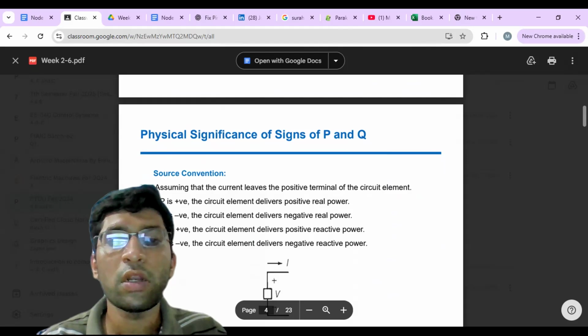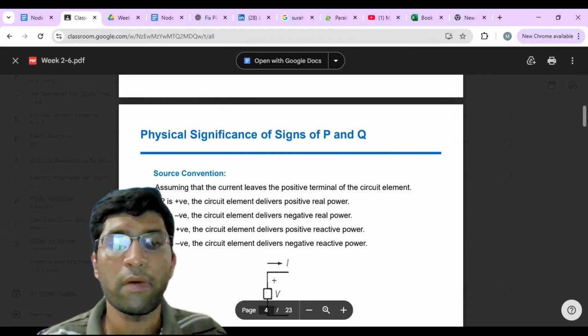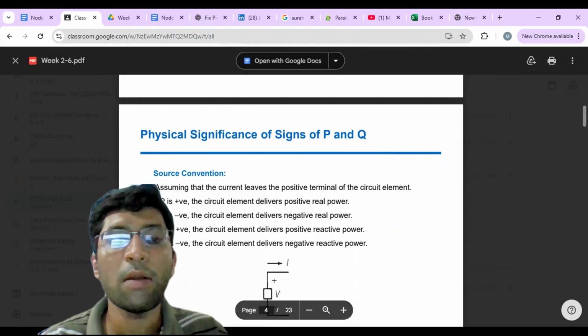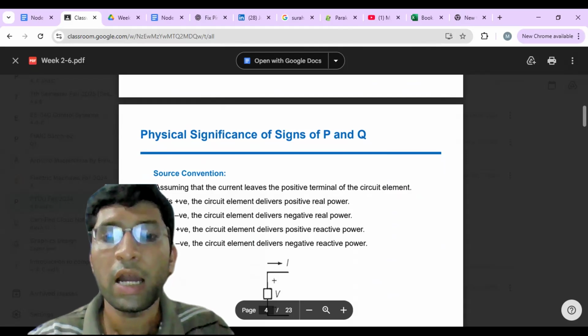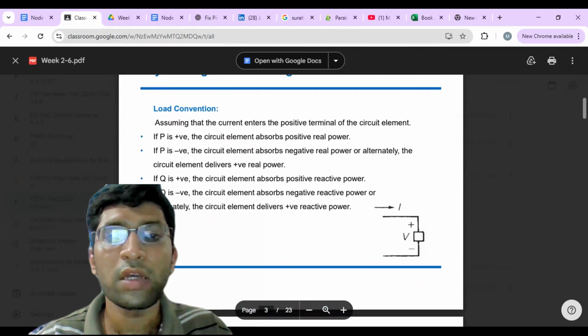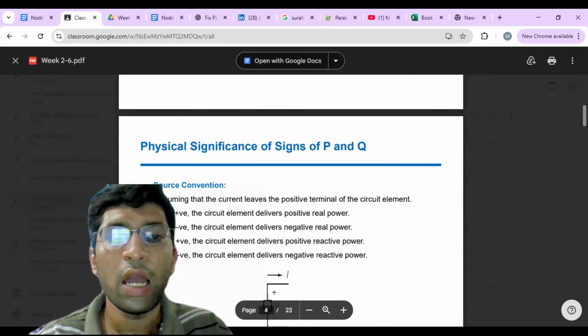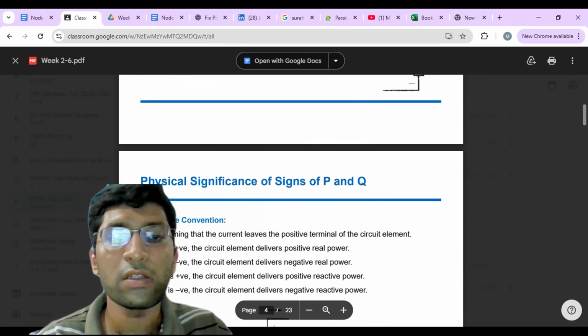The source convention, as I mentioned earlier, is that active power is positive when the circuit element delivers positive real power.